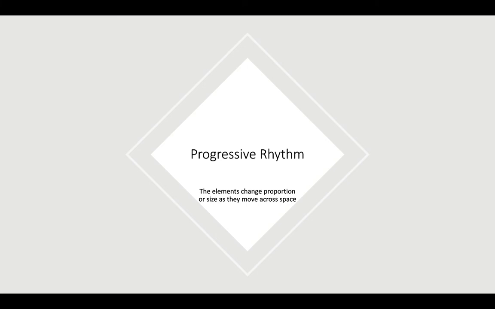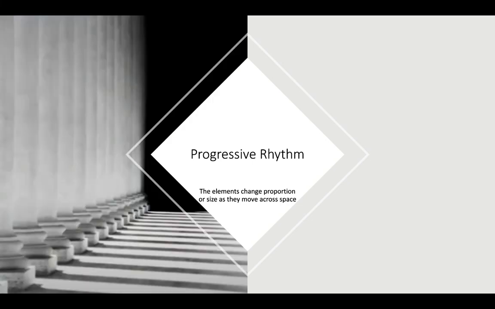All right. Let's use the example of some steps or shadows. We're going to use the example of shadows because you guys did an activity with shadows. So with progressive rhythm, the elements change proportion or size as they move across the space. Rhythm can also be achieved through progression.